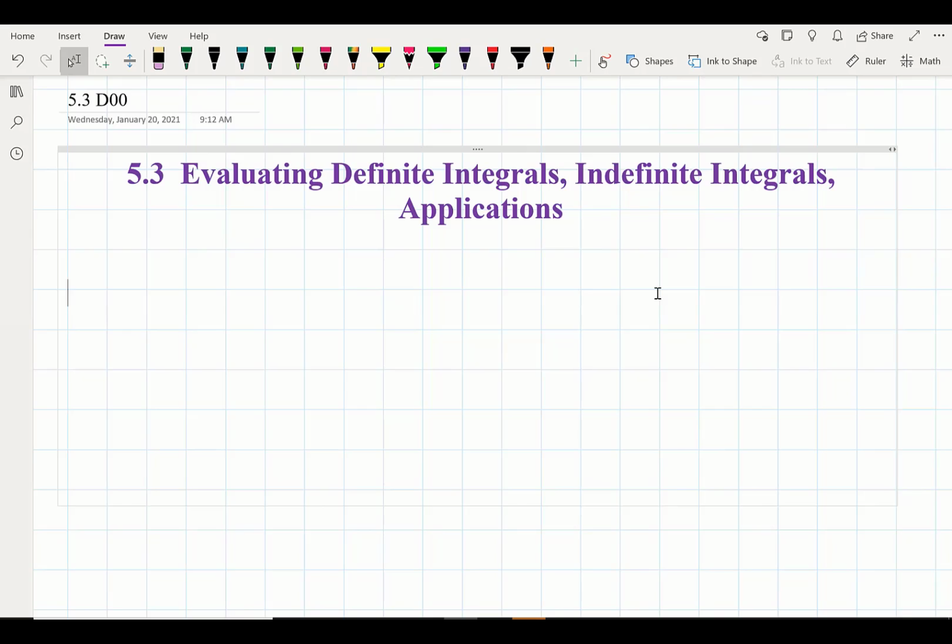Okay, so in the last two classes, we were discussing 5.2. 5.2 was on definite integrals. We learned that the definite integral of a function gives the area underneath the curve, the signed area between the curve and the x-axis, and they were defined in terms of Riemann sums.